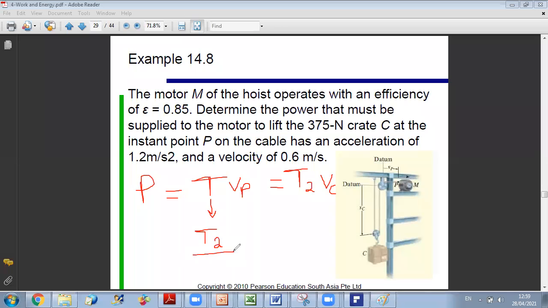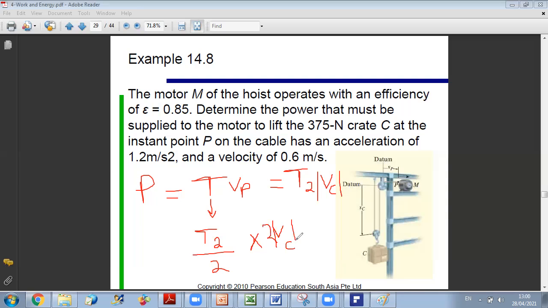over 2, while the relation between VP and VC is that, because we said that 2 VC plus VP equals 0, you can replace, in absolute values, VP by the absolute value of VC times 2, so 2 VC, okay?